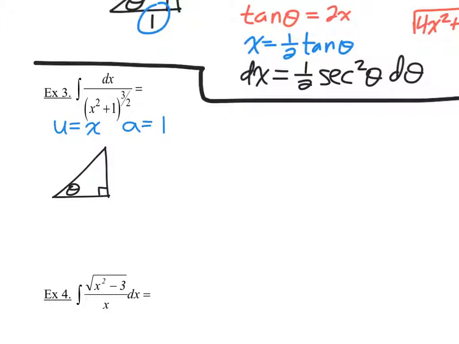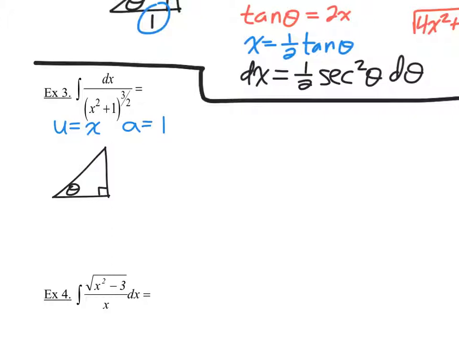Again, you really can't go wrong in building your triangle, because if you place your u and a in incorrect locations, you'll find out pretty quickly once you use the Pythagorean theorem to find the missing side. You're like, oh, that's not what I wanted. All right, cool, let me try something else. What I want to have is a sum of squares. So generally, that means I want the radical as part of the hypotenuse.